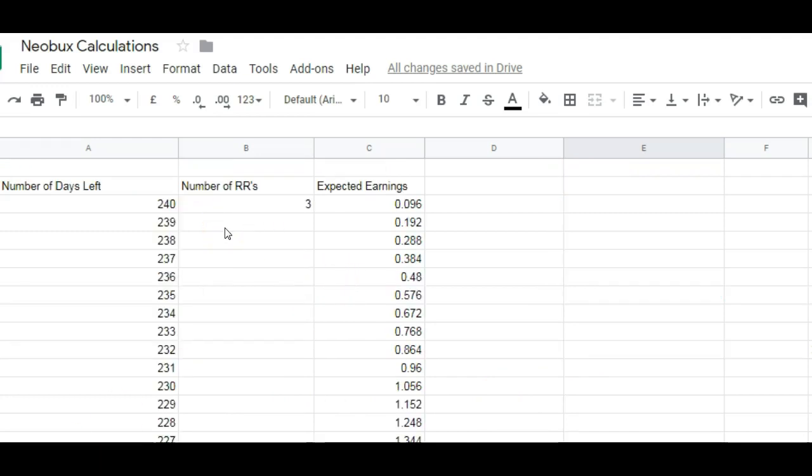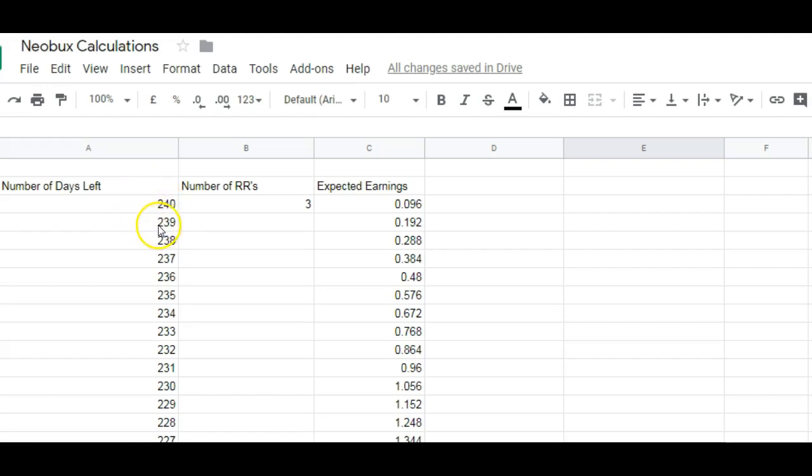The next thing that I have done then is to say, if you're extending your rented referrals for 240 days, then on day number 1, you are going to have 240 days left of that extension.